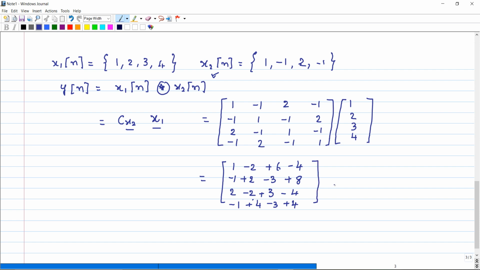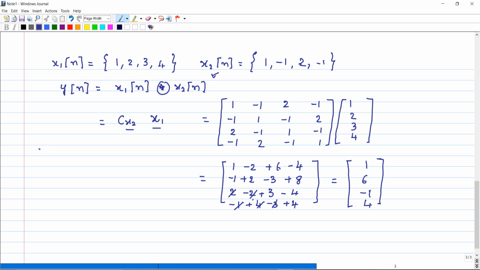This finally simplifies to: the first element is 1, the second element is 5 plus 2 is 7, 7 minus 1 is 6, and in the third element the 2s cancel out, so this would be -1, and in the last element 4, -1 and 3 cancel out, so this would be equal to 4. So this is the final circular convolution of x1 of n and x2 of n.